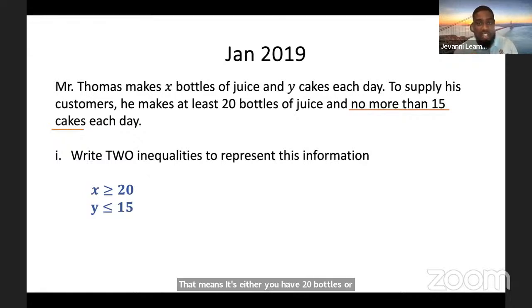So the number of bottles of juice, represented by the variable X, is going to be greater than or equal to 20. If it's less than, that means it's saying no more than, right? So you want to understand some of these key phrases or words that can be used to represent these inequalities. It's really about the wording. You want to pay close attention to the wording and even visualize it if you must.